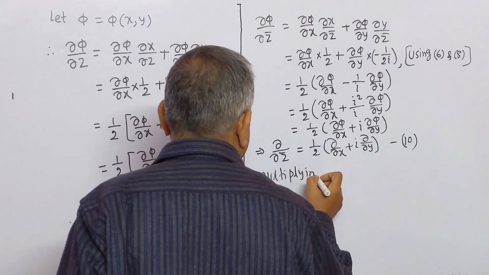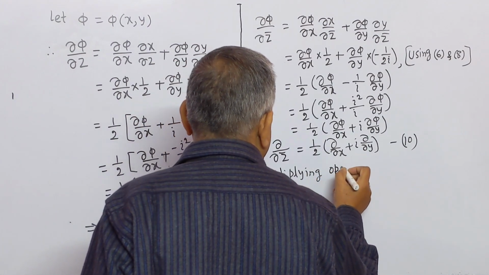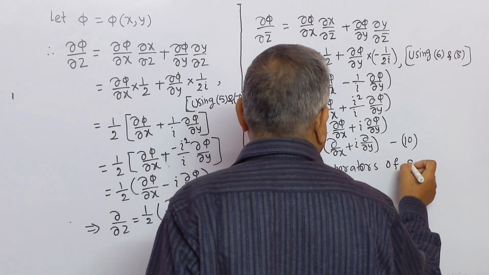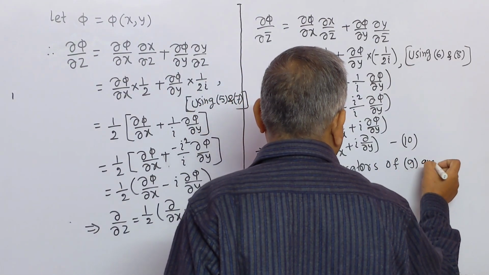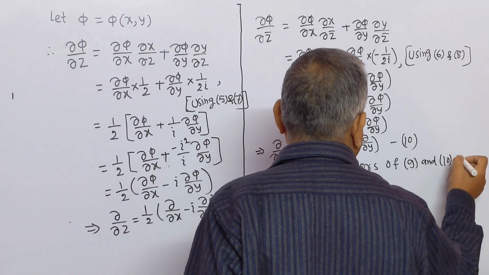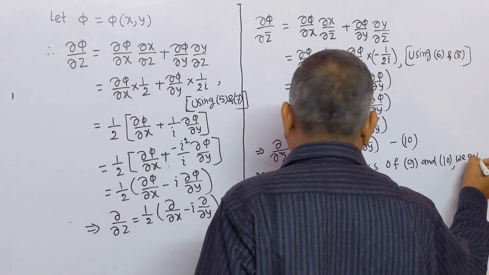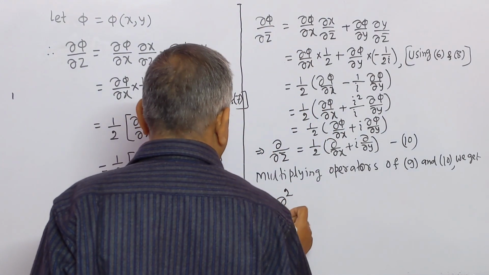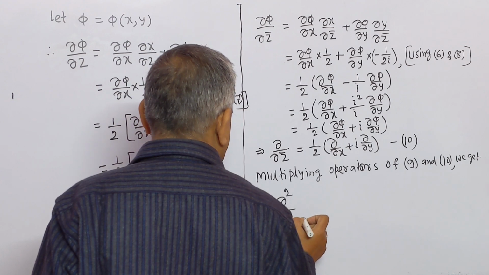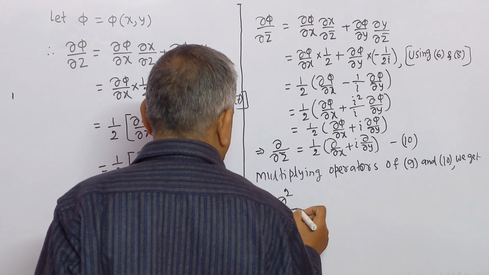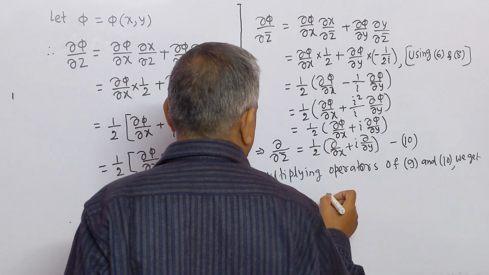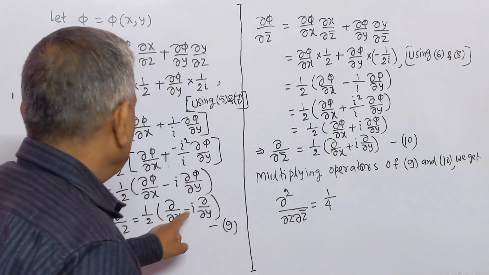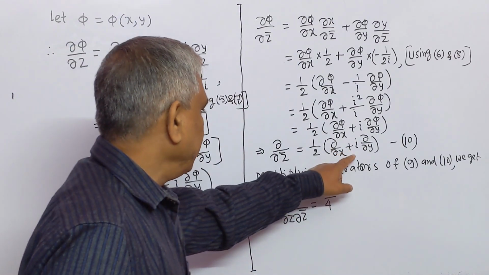Multiplying operators of 9 and 10, we get del 2 by del z del z bar equal to 1 by 4. Here minus sign, here plus sign.